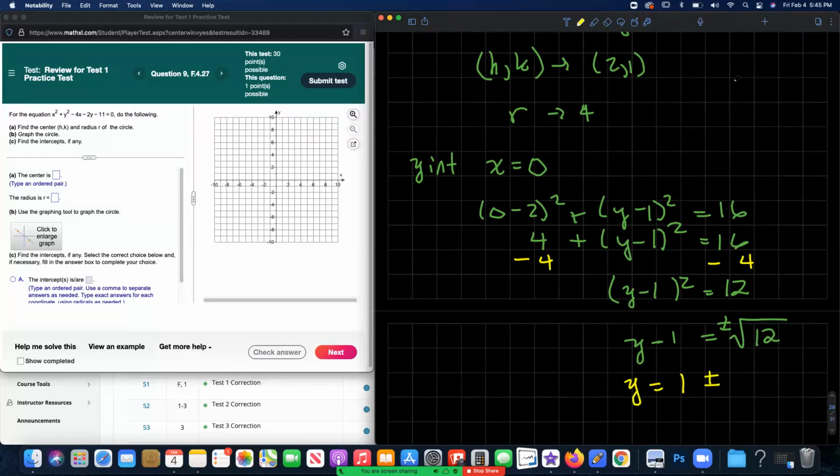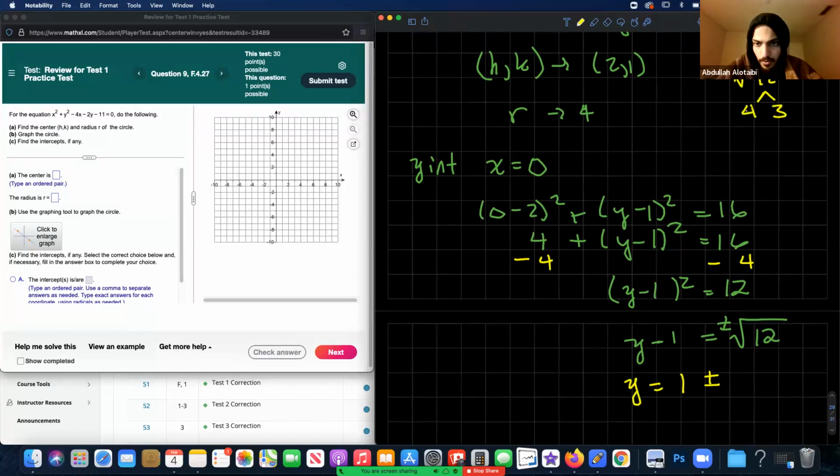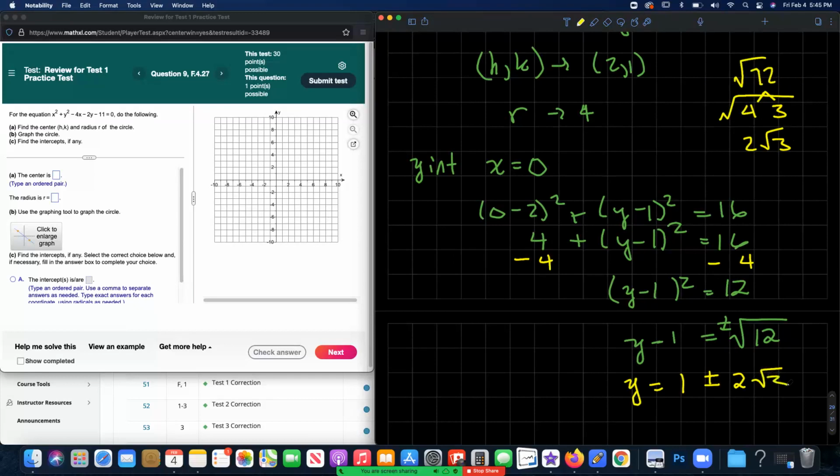But the square root of 12, we can break this down into 4 times 3. Yes, sir. So then we write it as 2 root 3. Yeah, you're absolutely correct. So these are our 2 spots.